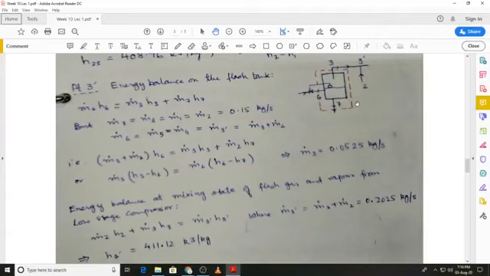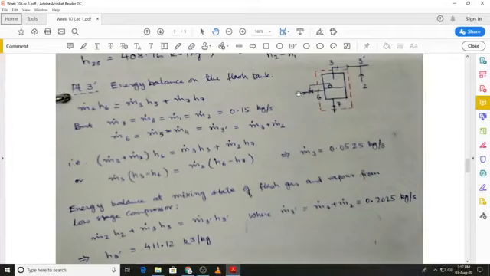To obtain state 3 prime, we perform an energy balance on the flash tank, and again I've shown that portion of the arrangement by this representation, and the control volume is shown by this broken line around the flash tank, and you can see that there are 3 streams which either are entering or leaving the control volume.